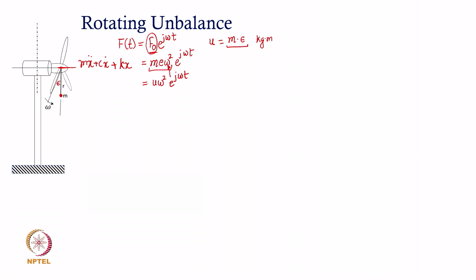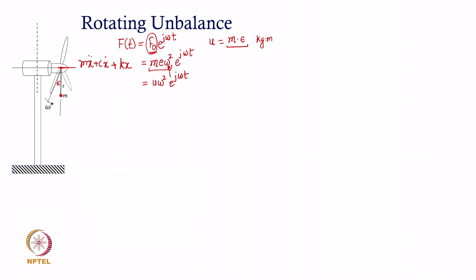In practice, the unit is more commonly kg millimeter. So, the eccentricity is in millimeters and the mass is in kg, but for the sake of this mathematical analysis, let us keep consistency with the units. Let us assume that this u represents the unbalance, which is mass times eccentricity.